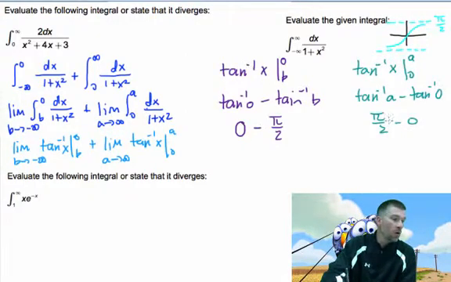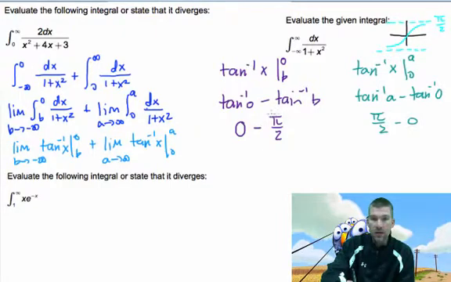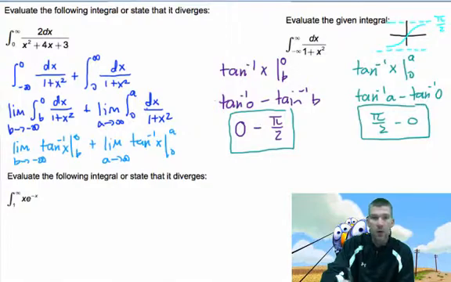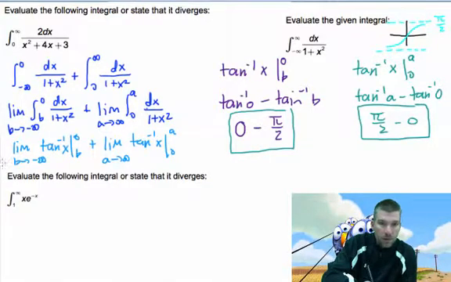So what are we doing? We're adding these two guys together right here. Gee whiz, I must not have slept well last night. This first one needs to approach negative infinity, which would be negative pi over 2.